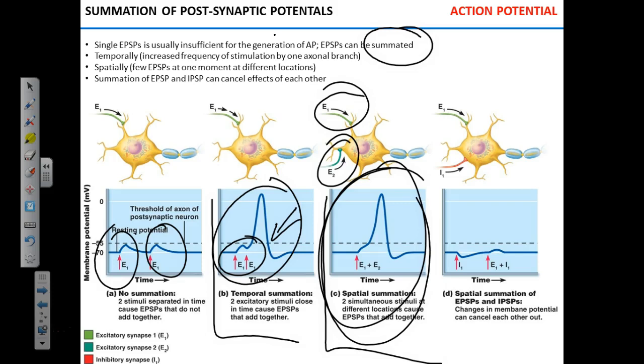Now you can imagine that each of the graded potentials, each of the excitatory postsynaptic potentials, brings the neuron closer to the threshold. But only when several of them are combined does the neuron produce the signal.